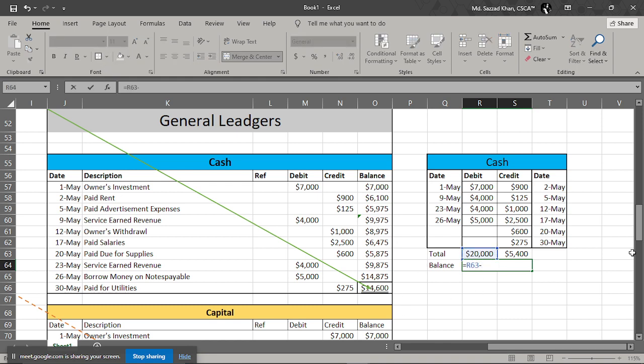Debit minus credit, is it equal to that, right? Yeah.